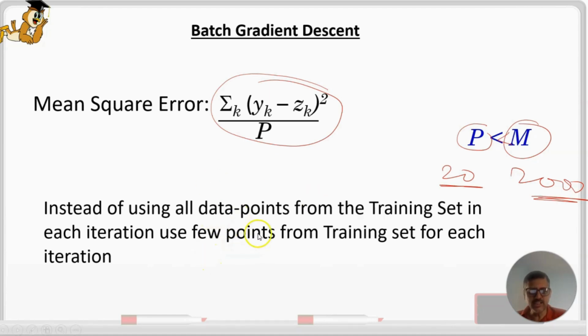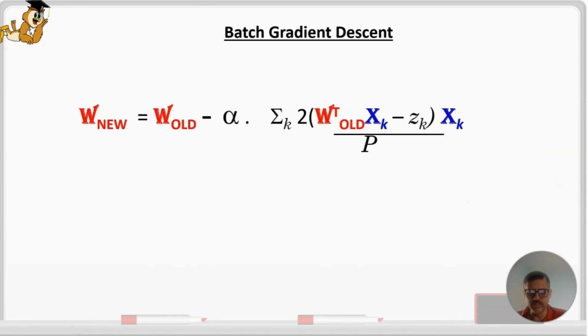So batch gradient, instead of using all data points from the training set in each iteration, use few points from the training set for each iteration. Okay, and you still have this summation over here that you had in gradient descent, but it is over only p points, where p is much less than m, which is the total size of your training set. So this is batch gradient descent.